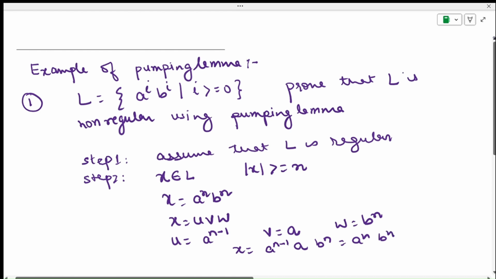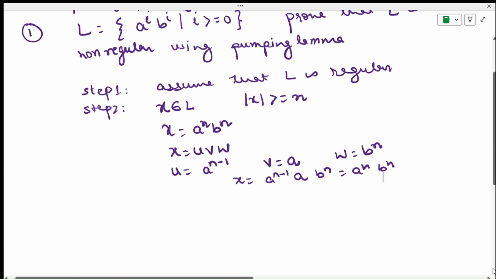So now we have to check that this distribution follows the restrictions on length of uv and length of v, which cannot be null. We need to have length of uv less than or equal to n. What is the length of u and v together?